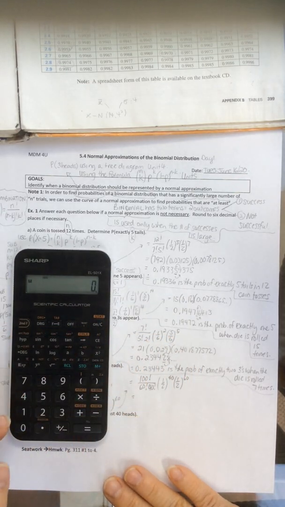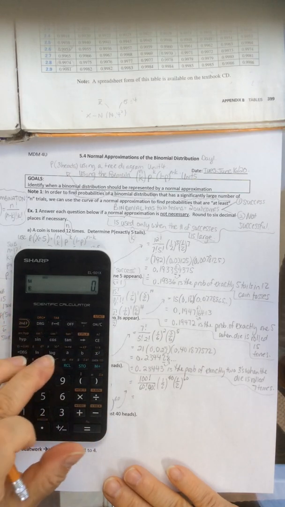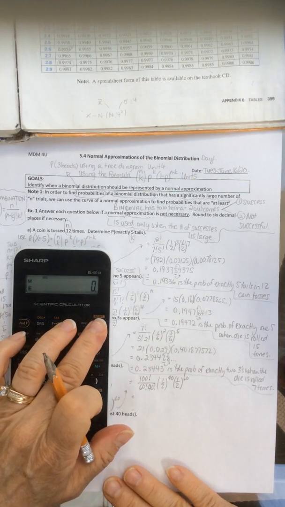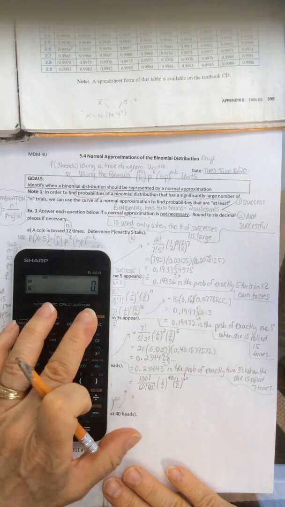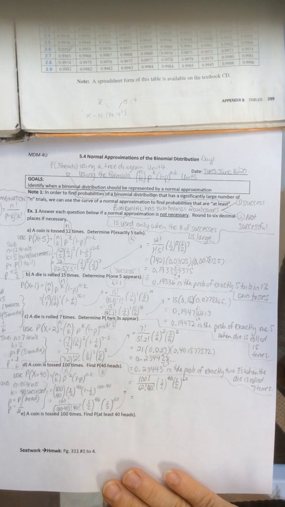All right, so 100 factorial doesn't give me a possibility to do that on the calculator, so I'm limited, right? Now let's see if I can work around it.